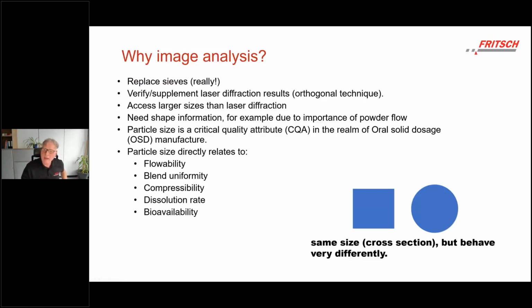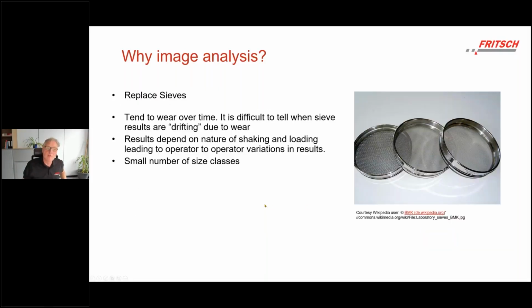Of course, you may have particles that have basically the same size, but they look totally different, like a circle and a square, and they will behave very differently in transportation and during the manufacturing process, and so on and so on.